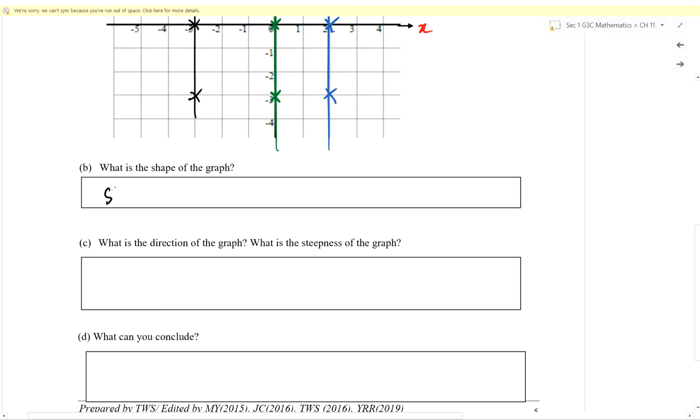Again, straight line. What is the direction? It is vertical. Okay, what about the steepness? Which is the gradient.